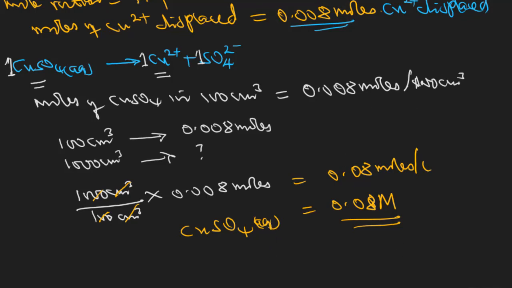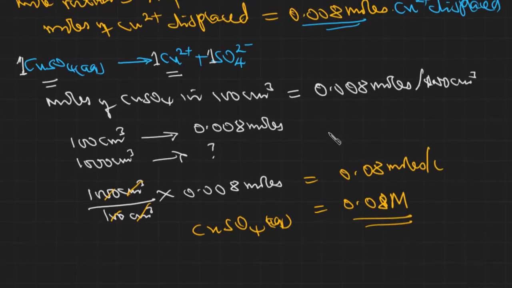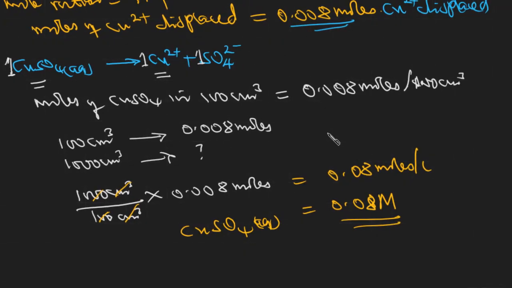In this case, moles of copper 2 sulfate in 100 centimeters cubed were also equal to 0.008 moles.